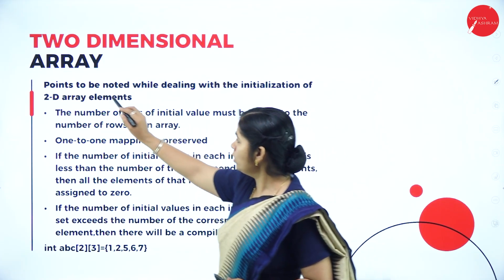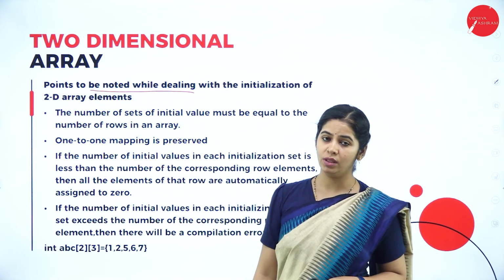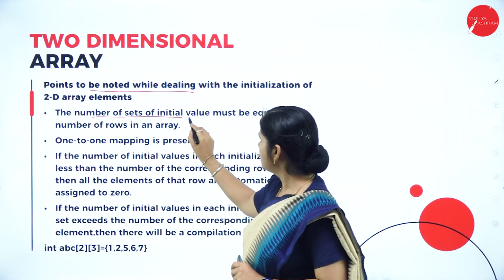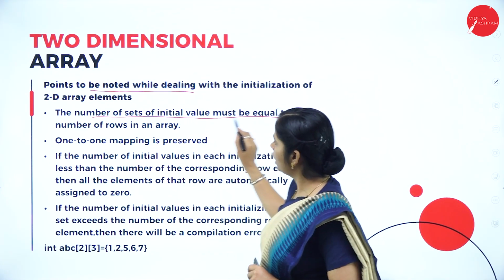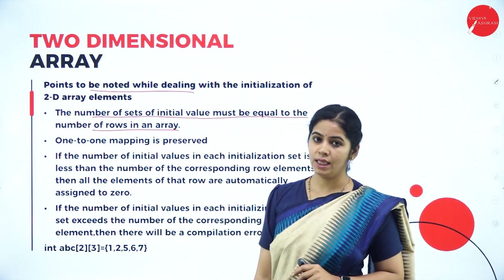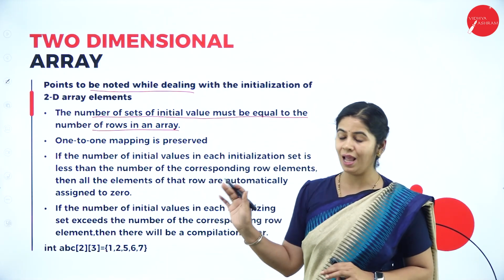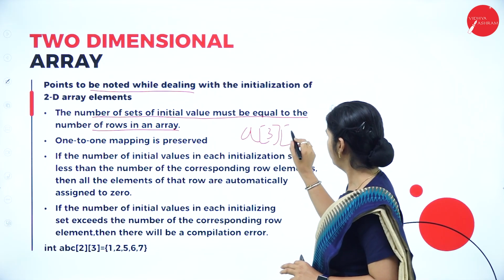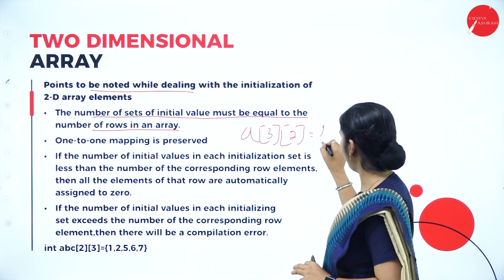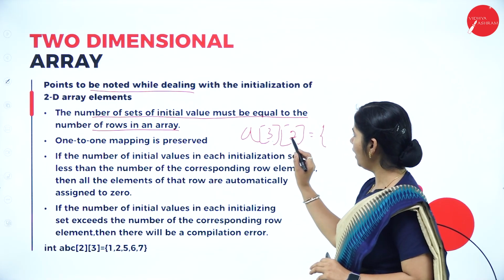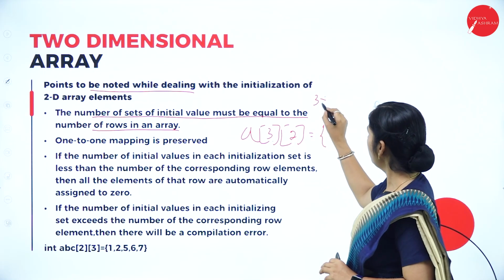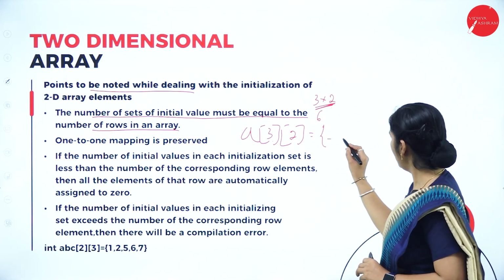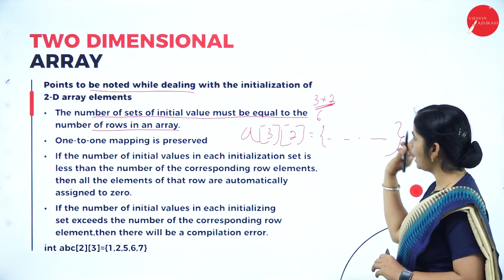Next, points to be noted while dealing with the two-dimensional array. The first one is that the number of sets of initial values must be equal to the number of rows in the array. If I am declaring array A of 3 by 2, then how many values should there be? The multiplied value, 3 into 2, is 6. So here I am supposed to have 6 elements.